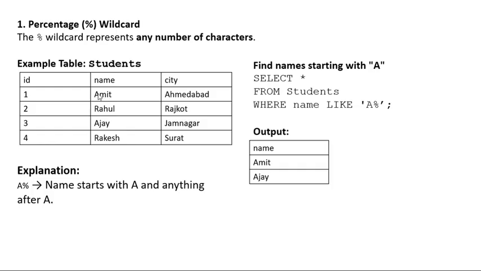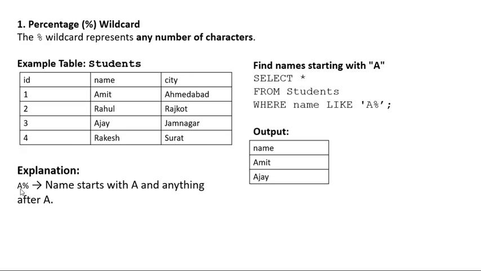To find the names that start with the letter A: SELECT * FROM student WHERE name LIKE 'A%'; In this table the names starting with A are the first record, Amit, and the third record, Ajay, so the output shows two names from the student table.